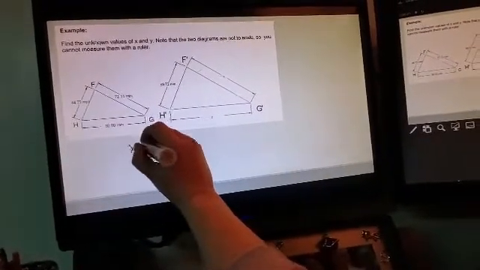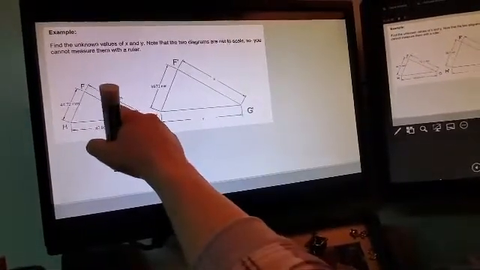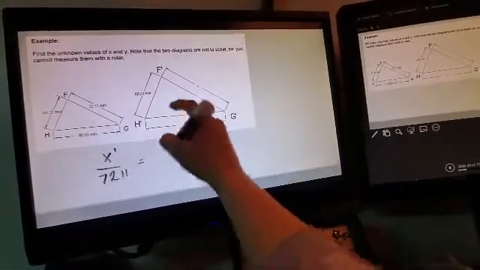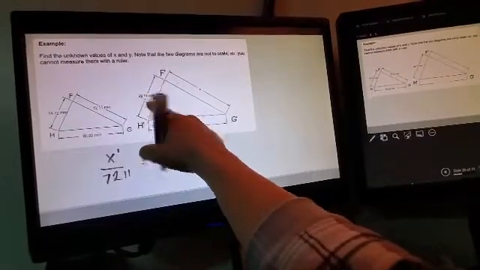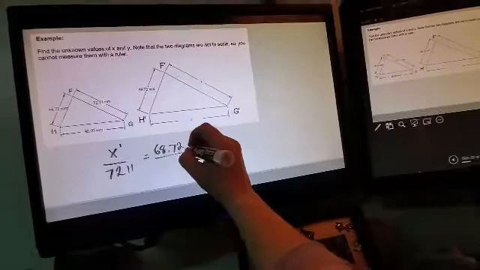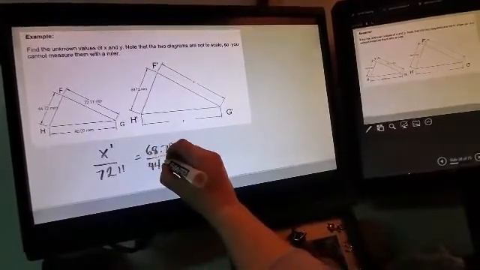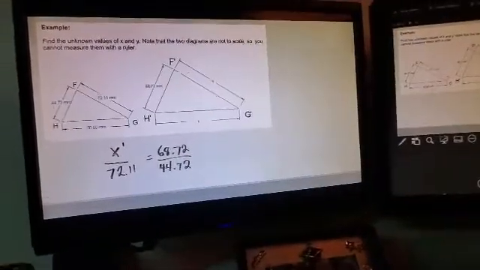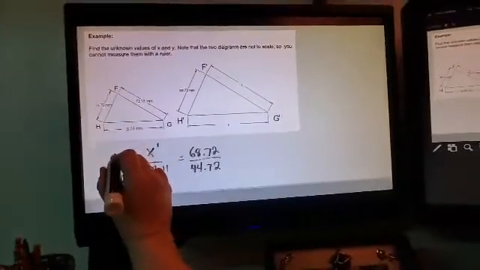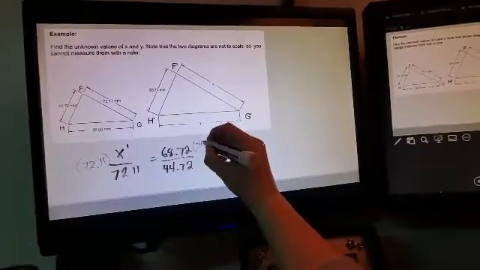So we're going to go x prime over the corresponding side, which is 72.11. And then we're going to take this one, so it's our prime, 68.72 over the corresponding side. Okay, so now we can go ahead and solve. So we're just going to multiply both sides by 72.11.